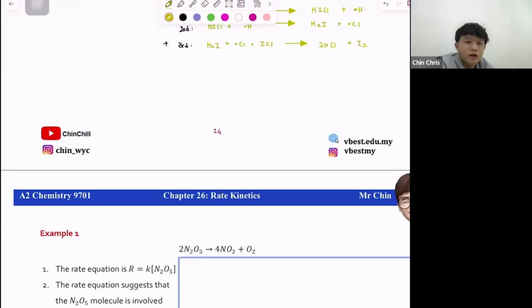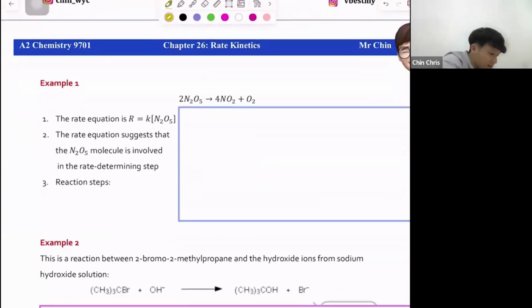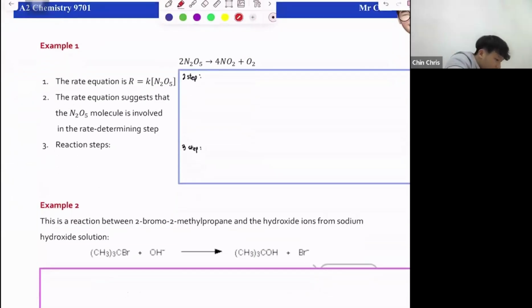I want you to look at page 15. Again, for this part, I want a 2-step first, and then I want a 3-step. Let's go, try this. N2O5 is my rate determining step.